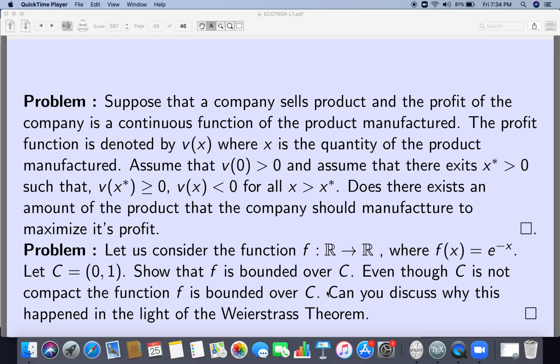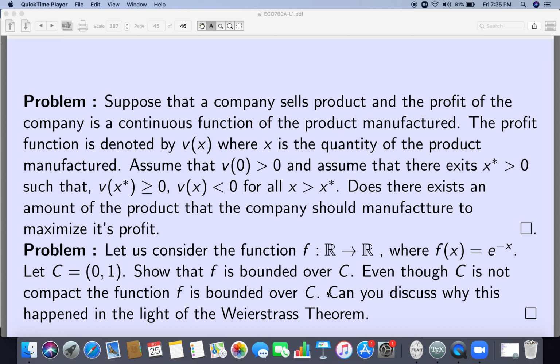The second problem is more mathematical. This is an economics problem, but you will see how easily you can argue it by applying the Weierstrass theorem that you have just learned. So now consider a function f from R to R, where f of x is e to the power minus x, and C is between 0 and 1.